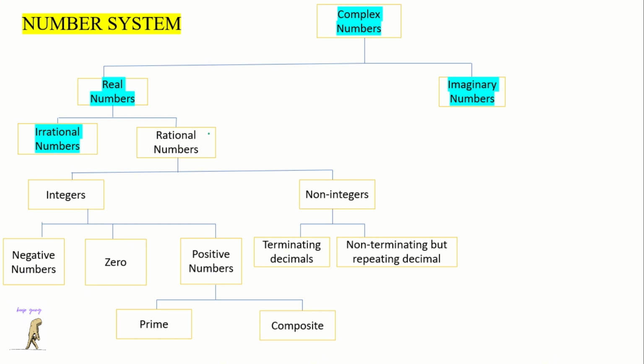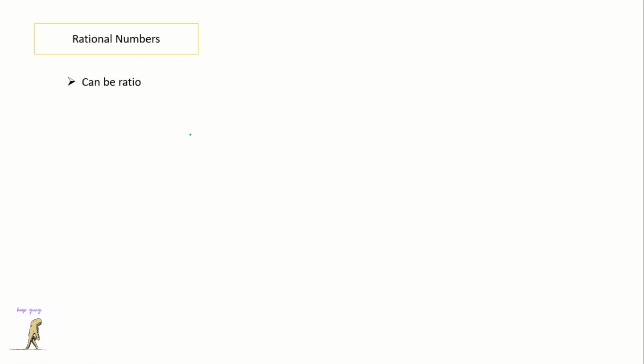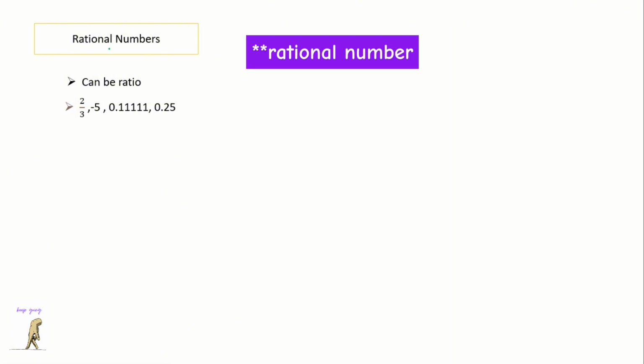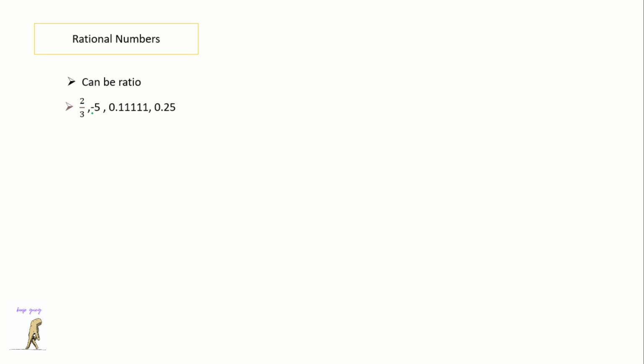Now we are finished with irrational numbers. Let's dig deeper into rational numbers. From the word itself, these are numbers that can be written as a ratio. Some examples: 2 over 3 can be a ratio, so it is classified as rational. And negative 5, a whole number, is also equivalent to negative 5 over 1.